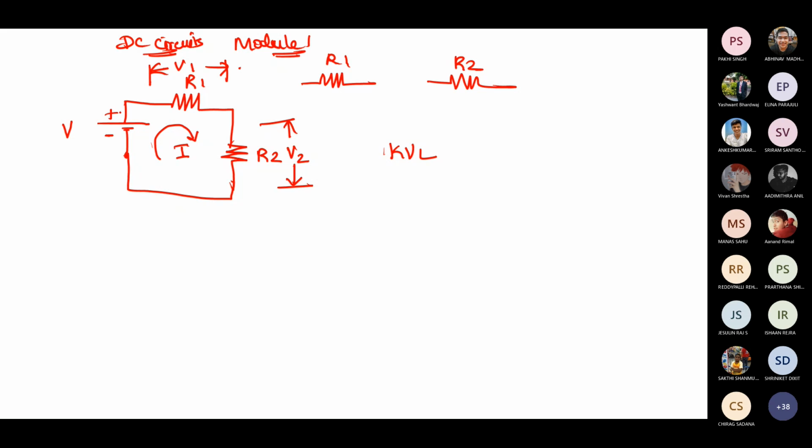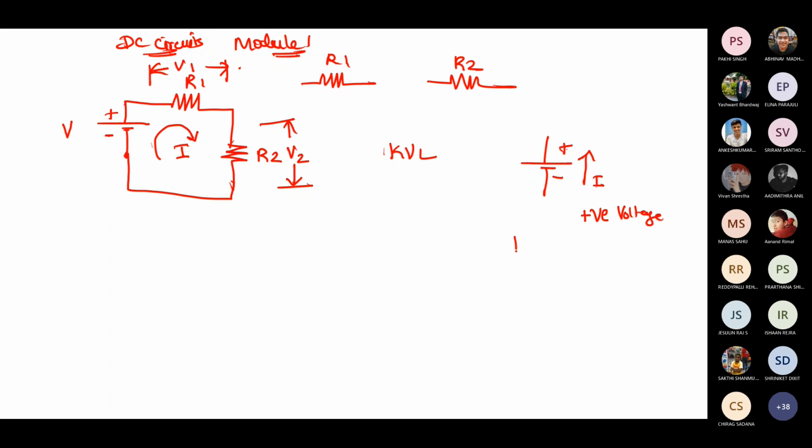Now, how to write the potential rise or potential drop, which will be taken as positive and which as negative, is again our own assumption. There is no hard and fast rule that you should do only like this. What I am going to assume is this: my voltage battery supply is there. If the current is flowing from negative to positive of the voltage supply, then I assume a positive voltage.